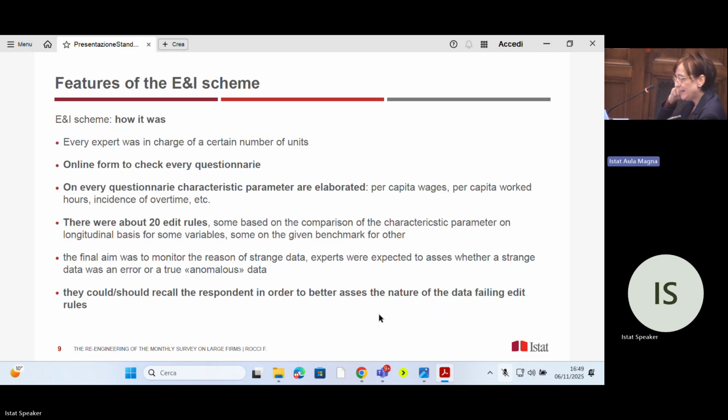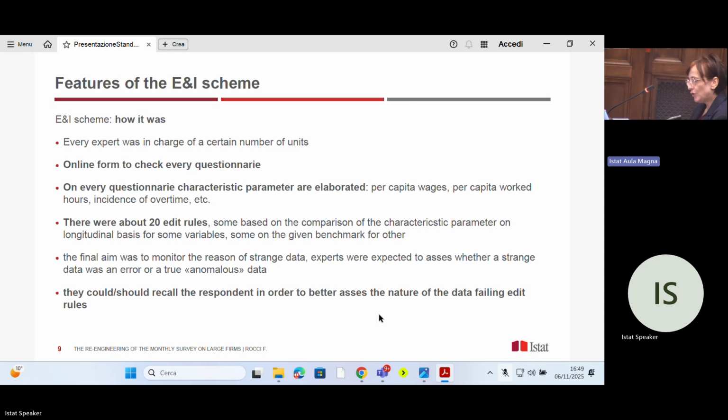How was the editing scheme? We had a group of thematic experts. Every expert was in charge of a certain number of units, with an online form to check every questionnaire. On every questionnaire, characteristic parameters are elaborated: per capita wages, per capita work hours, incidence of overtime, and so on.